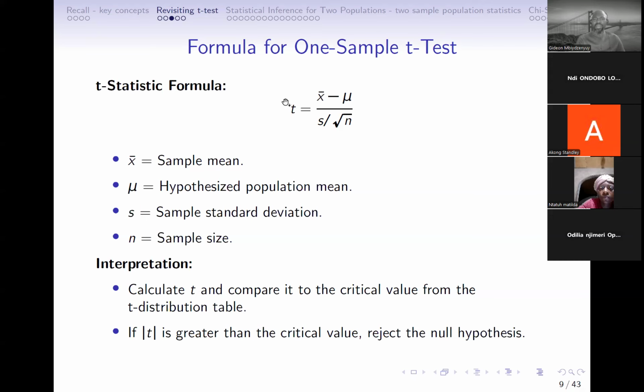When we calculate this error, we can compare it to the critical value or the threshold value, which is something that we predetermine before we conduct our experiment. We say we want to have some level of significance. Is it 5%? Is it 99%? We're dealing with 99% or 95% or 96%.